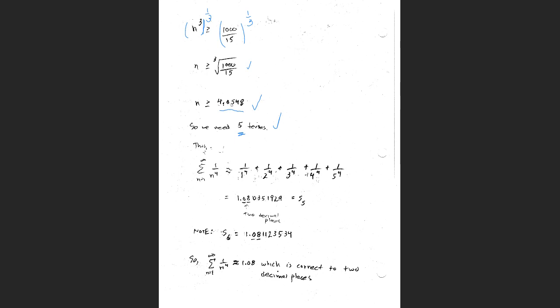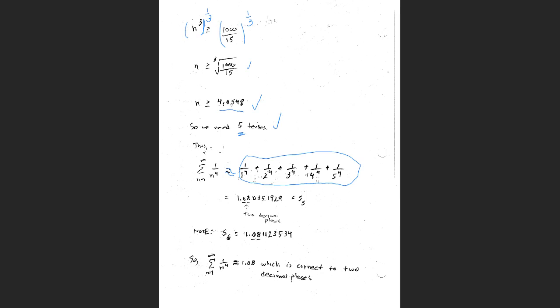All right, well, let me just show you now what this would mean. What I did here was I added the first 5 terms of this P series. So the P series is approximately equal to the sum of these first 5 terms.